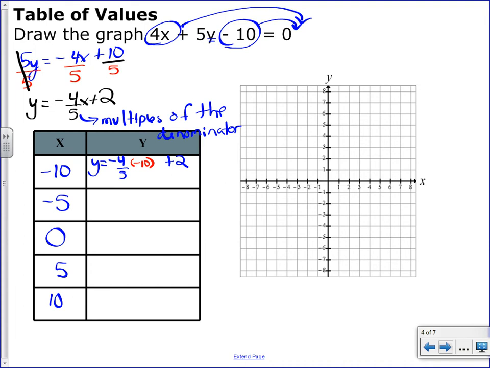We're going to get used to this kind of canceling out, crossing out. This won't cancel out completely. What this is saying to do is negative 10 divided by 5. Billy, what do I get when I do negative 10 divided by 5? Negative 2. So I'm just going to put a negative 2 up here. So my new equation will be y equals negative 4 times negative 2 plus 2.